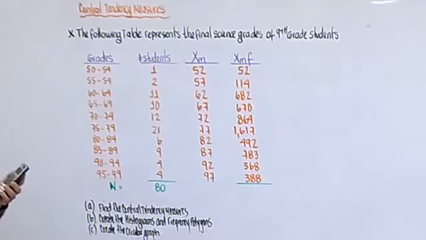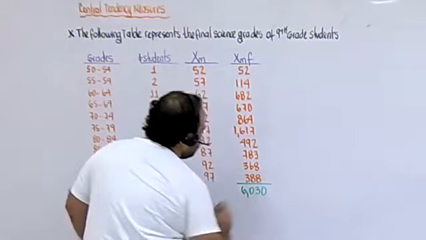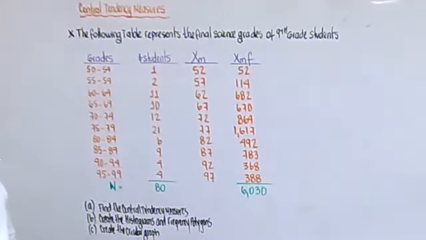Okay, so 52 plus 114 plus 682 plus 670 plus 864 plus 1,617 plus 492 plus 783 plus 368 plus 388. The answer will be 6,030. All right. Okay. We are completing this table.